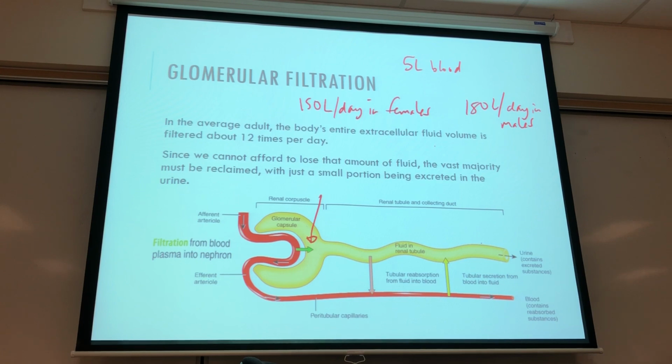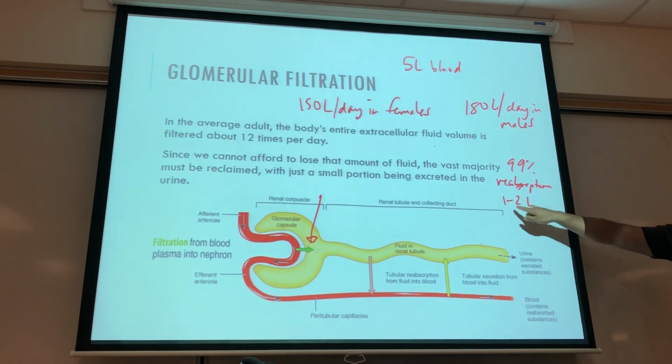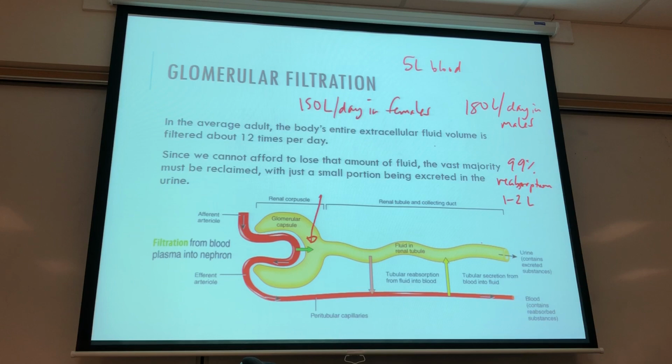And as we reclaim about 99%, so 99% reabsorption, how much urine output are we going to be able to see a day? About 1 to 2 liters of urine, concentrated urine. So all the stuff that we don't want with that leftover fluid of water is urine.